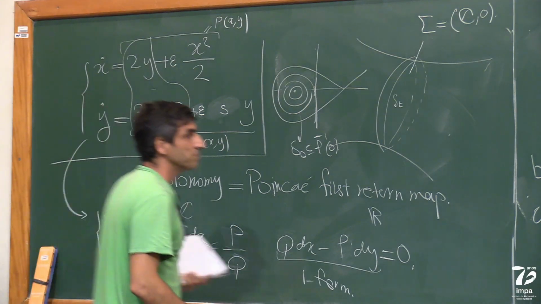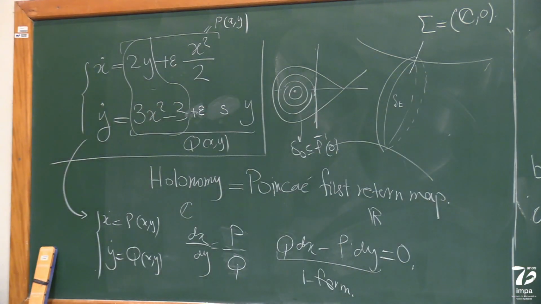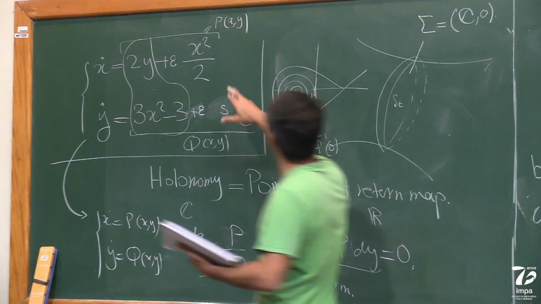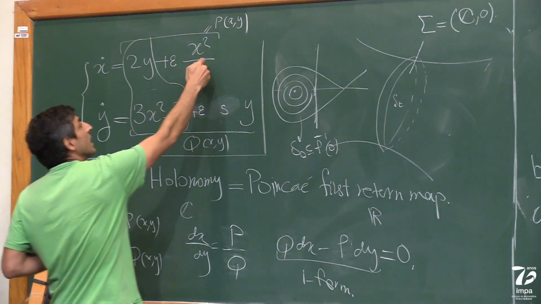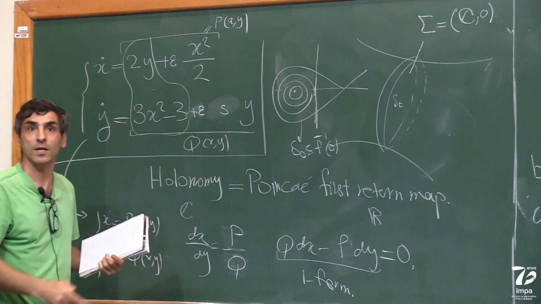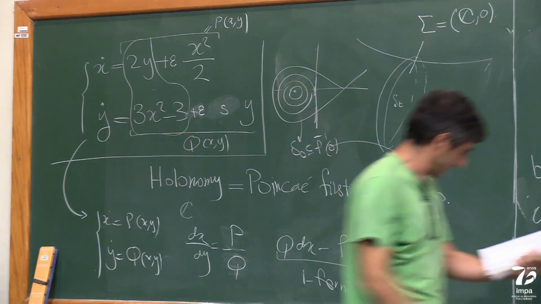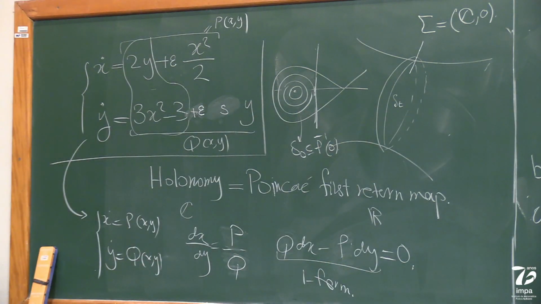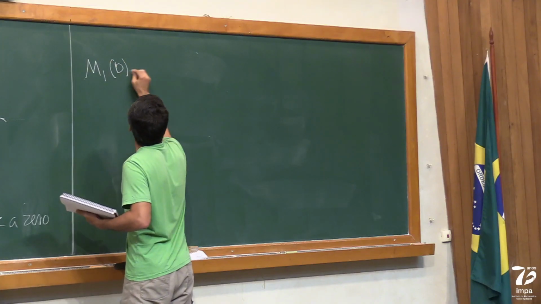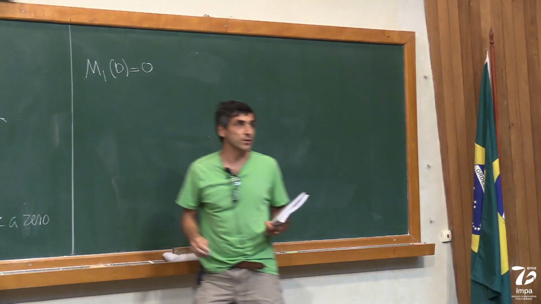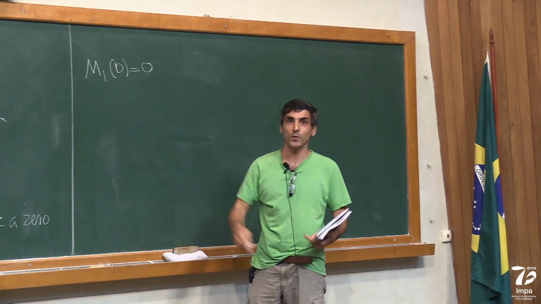Okay, so this is kind of just trying to play around. And from where I get these monomials, you will see in a minute, because I want to compute certain integrals. So I want that for this differential equation, M10 equal to 0. This means that around the delta 0, I want to get limit cycles.